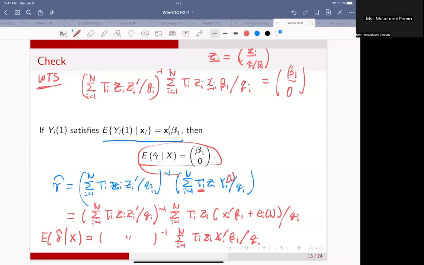Well, you can show this without really computing the inverse. How? All you have to do is check the algebra here.